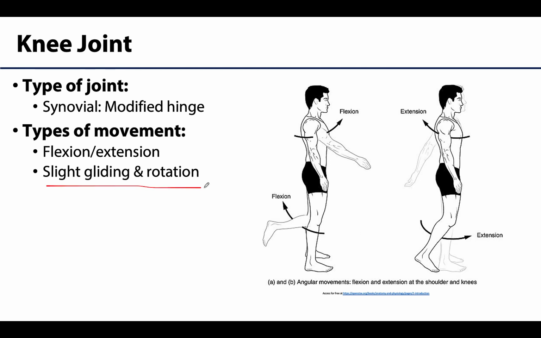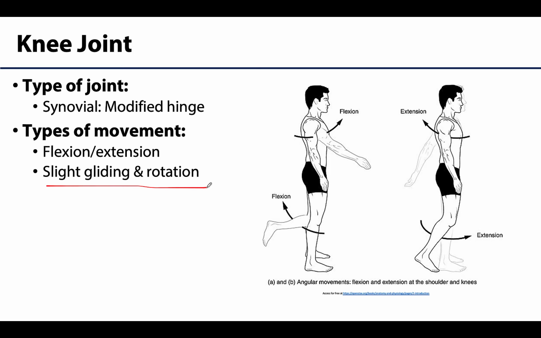Also importantly, some gliding and rotation can occur. This happens when the knee is fully extended with the foot on the ground. So the foot is planted on the ground, and the knee will passively lock in place with a little bit of medial rotation. All right, so that locking will allow for muscles to relax briefly without making the knee joint too unstable.